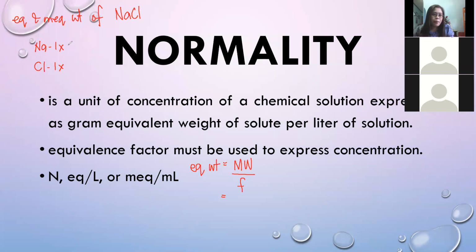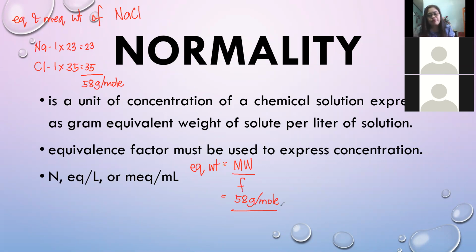So sodium will be 23, and chloride is 35. Now add them. The molecular weight is 58 grams per mole.